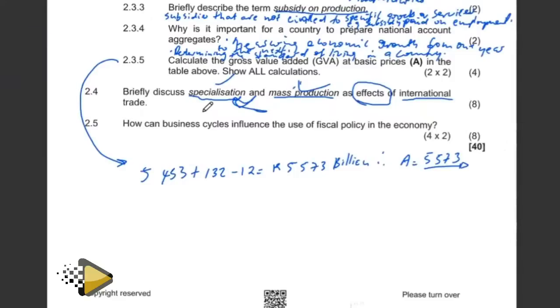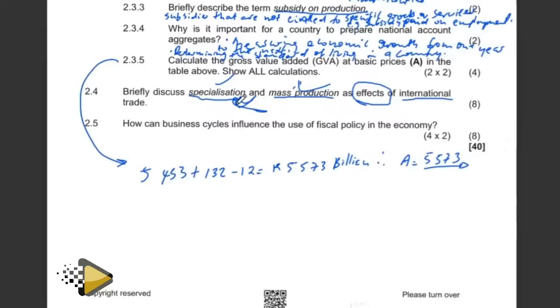Also, this specialization has come up with larger creation of job opportunities for businesses or firms. Also, for a country to specialize in the production of a certain product, it means that country is going to have more exports than imports. So in return, that is going to have a positive influence on national income.